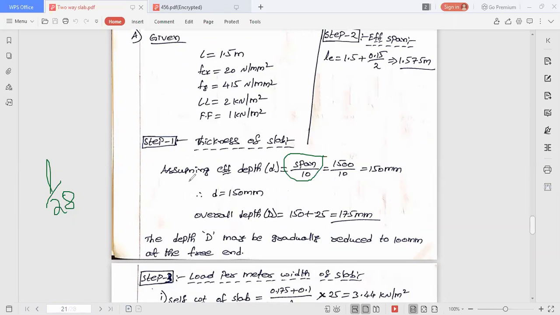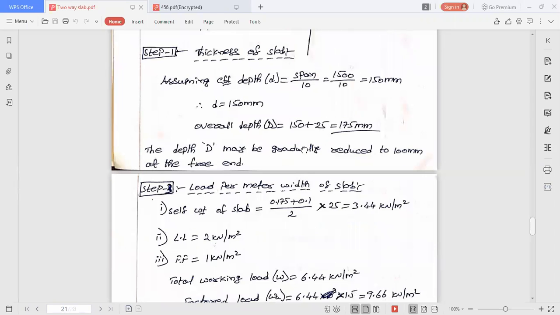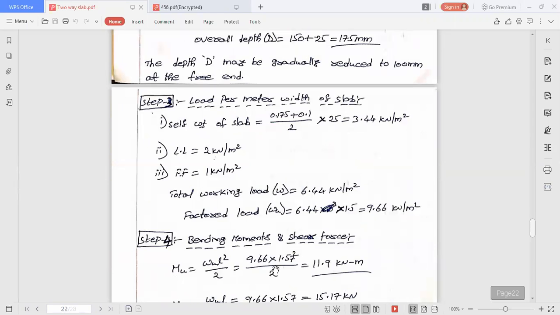While assuming the depth of this slab for a cantilever, it will be span by 10. And span given is 1500. So that's why we got effective depth of 150 mm. And overall depth, I have assumed 25 mm as effective cover. That's why 175 mm will become overall depth. Okay. Now coming to next step, loads per meter length.